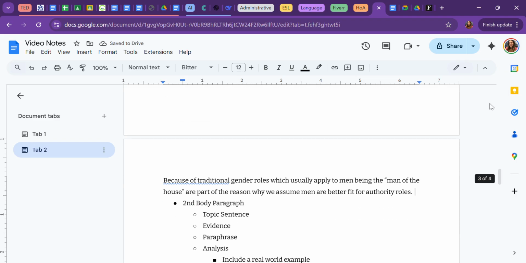Analysis. So why do we assume men are better fit for authority roles? We're going to do this separately. We assume men are better fit for authority roles because of their role in the household. Why did men get this role in the household? Probably because they're naturally stronger.